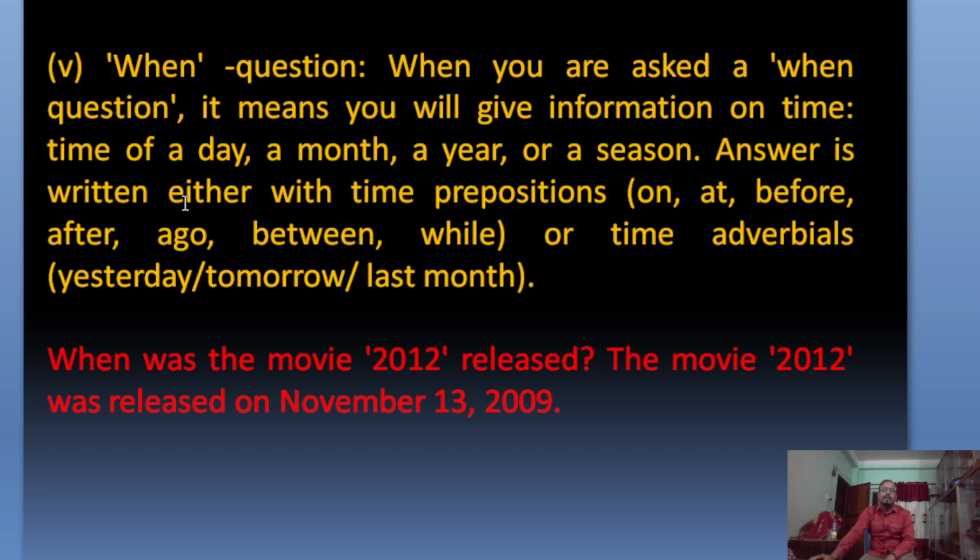The answer is written either with time prepositions on, at, before, after, ago, between, while, or time adverbials yesterday, tomorrow, last month. When was the movie 2012 released? The movie 2012 was released on November 13, 2019.